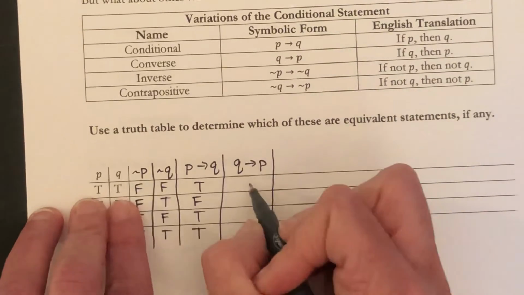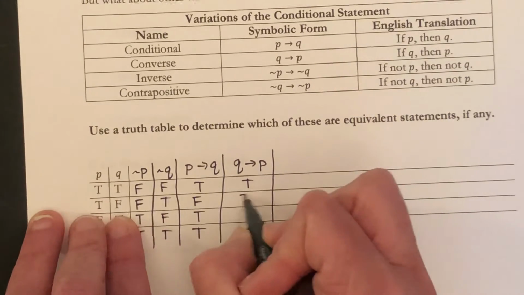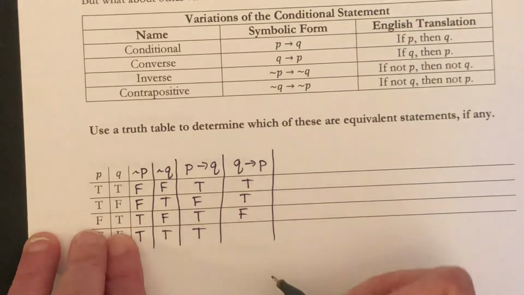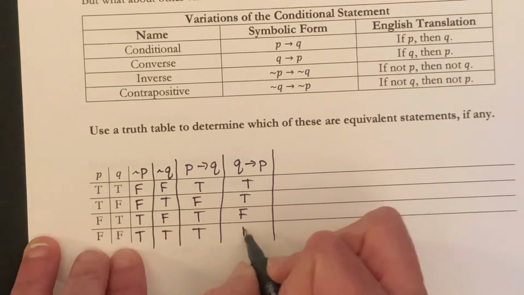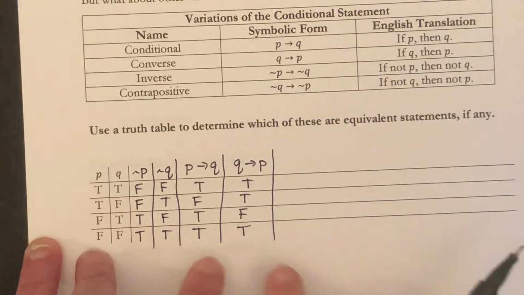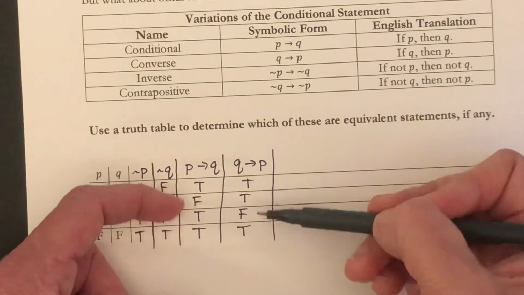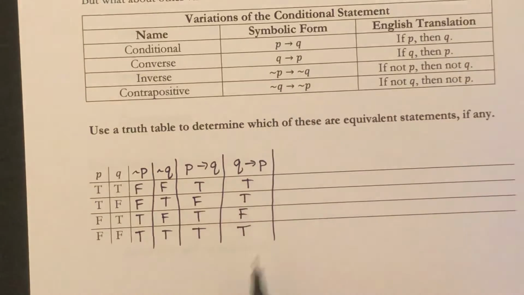If true, then true. That one is true. If false, then true. That one is true. If true, then false. That's false. If false, then false. That one is true. So are these 2 equivalent? No, because our middle 2 have different truth values. So in general, we cannot just reverse a conditional.